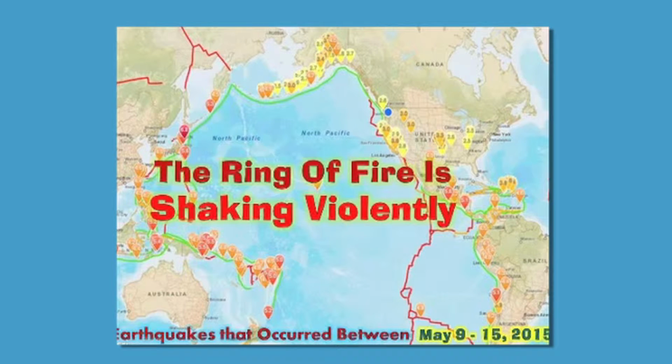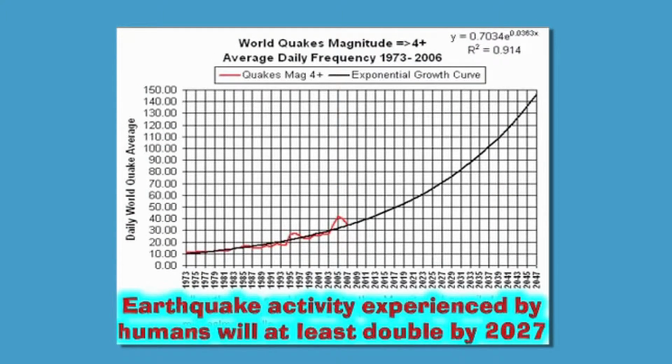But in any case, what we can know for sure is this. The Ring of Fire shown here is shaking violently, and earthquake activity is on the increase. In fact, if you exponentiate out the polynomial trend line for earthquake activity, you can see that we are clearly on a polynomial trend line.